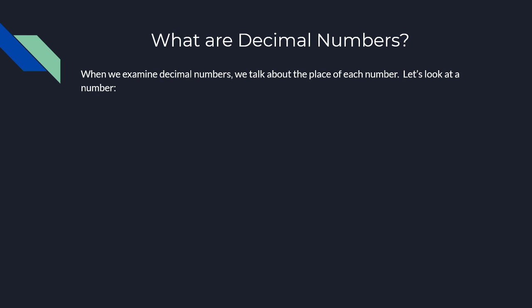So what are decimal numbers? Basically, a decimal number is a way to write things out. There's the concept of having a number without having it in any particular base, but usually you'll have a number and we'll write it in base 10.